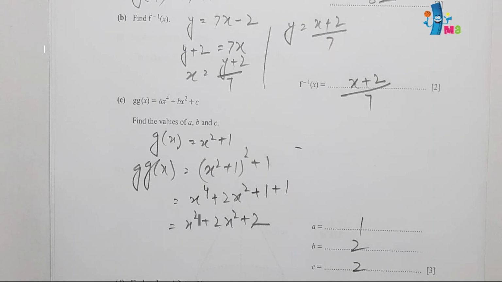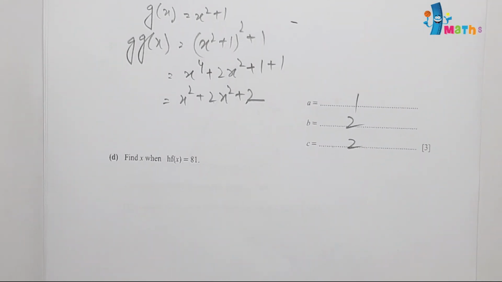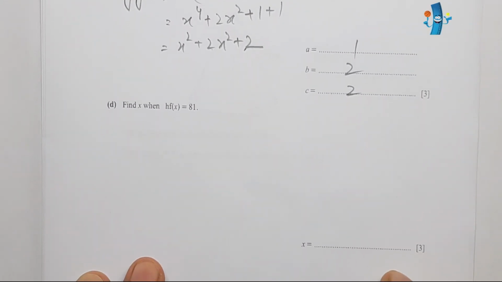Now D part: find x when h f of x is equal to 81.